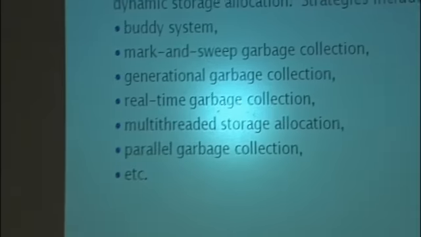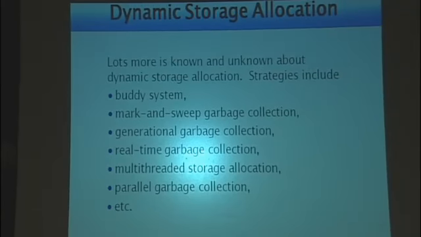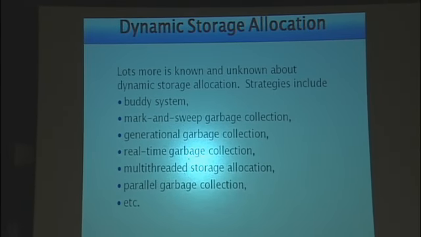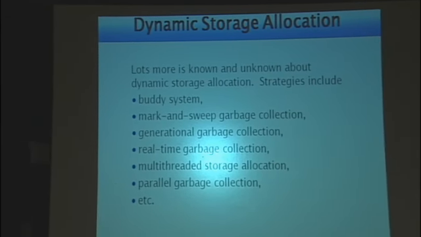There is multi-threaded storage allocation. What happens when you have a multi-threaded environment where you have many processors that are all allocating out of the same pool? How do they organize it? You can have interesting things going on there where things are allocated on one processor and then get deallocated on another.